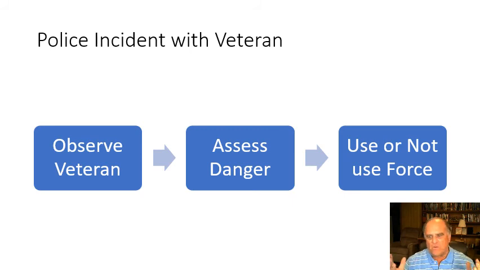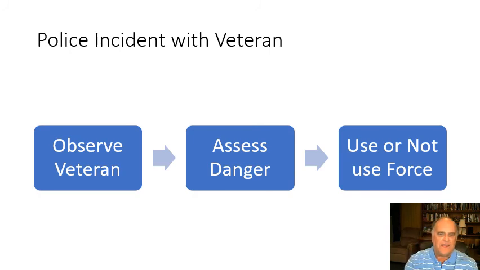One series of interesting studies looked at why police, in some cases, resort to using force when dealing with a veteran who's causing problems, and in other cases they don't. The basic model was that first a police officer observes a veteran engaged in criminal or at least problematic behavior, and then they make a decision: should I use or not use force on that veteran?